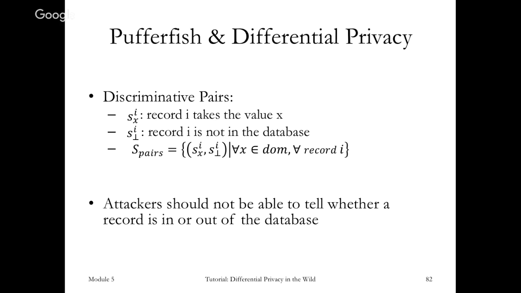It says I'm looking at pairs of data sets that differ in one record. So what could the secrets be? Well, you have a pair of secrets of the form: record i is not in the database, or record i is in the database and takes some value x. Those are the pairs that you're trying to protect. The attacker should not be able to tell whether the record is in or out of the database.